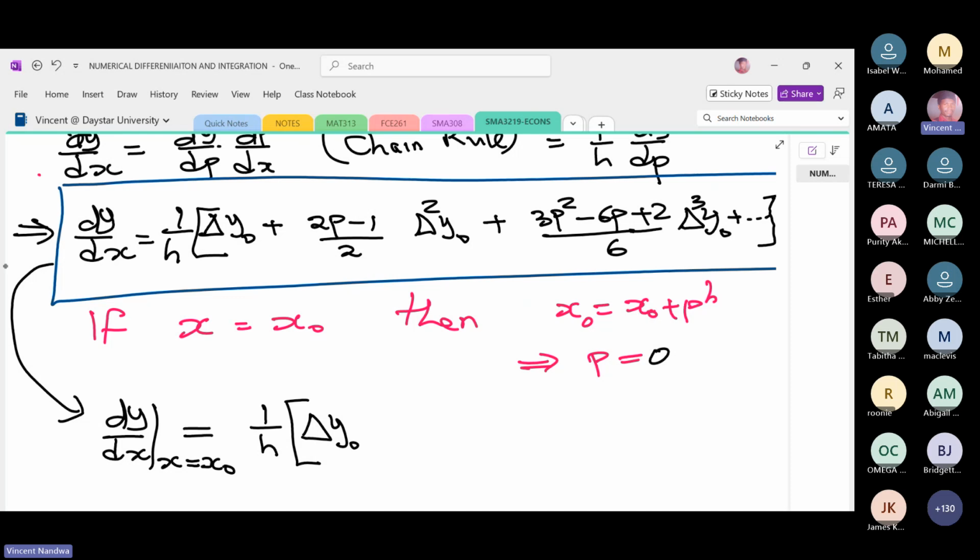Now, if I replace where there's p by 0, this coefficient will be 2 times 0 minus 1 over 2, which gives minus 1 over 2, so minus a half second forward of y naught. Then can you do the same thing? Replace where there's p by 0 and tell me the coefficient of the third forward of y naught.